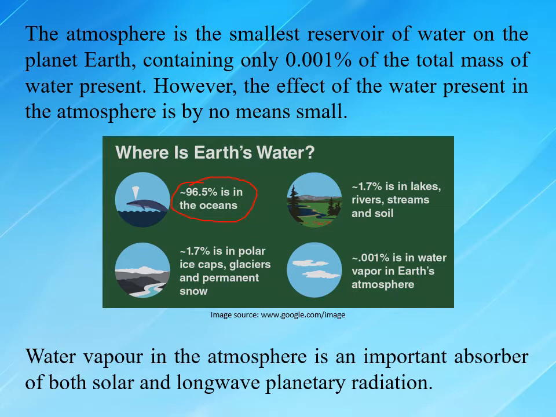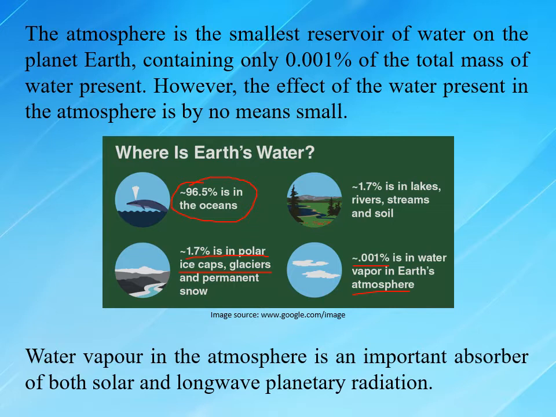Whereas in the polar regions or in the high altitude areas, in the form of ice caps or in the form of glaciers, in the form of snow, it is about 2%, and only a very minute fraction, that is about 0.001%, is stored as water vapor, mainly in the atmosphere.